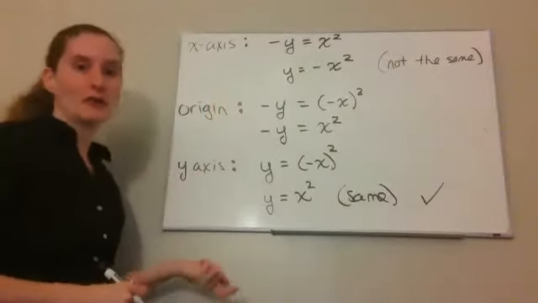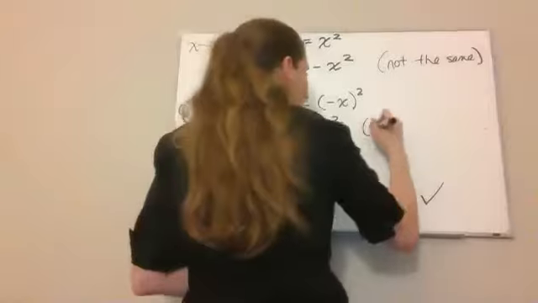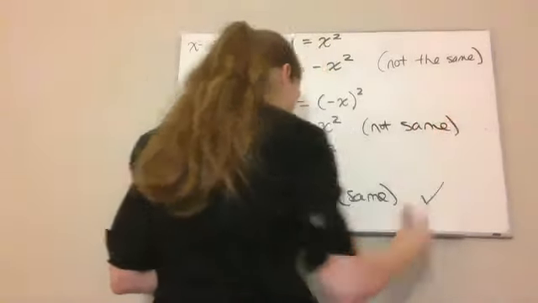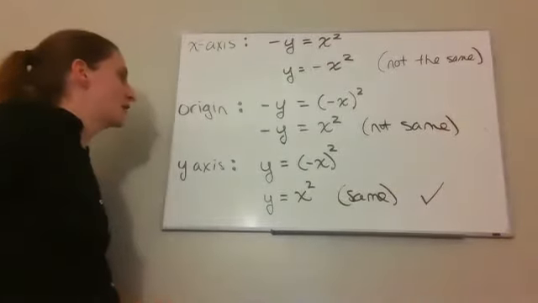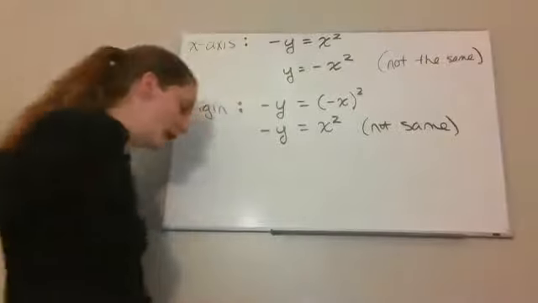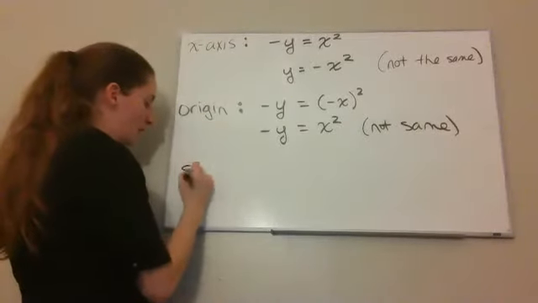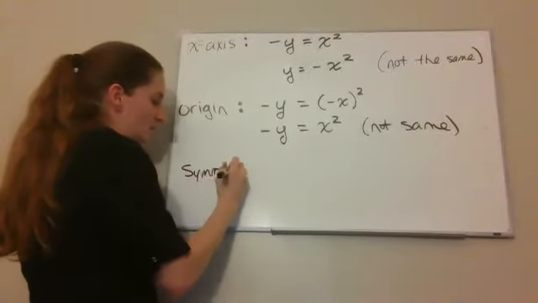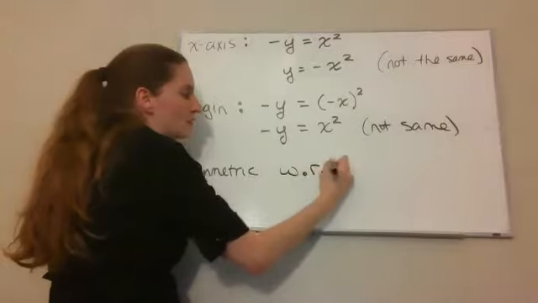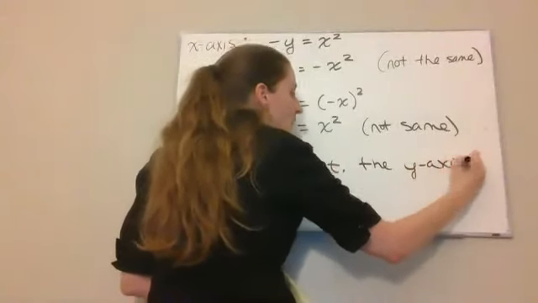So we already know if we solve this for positive y, it's not going to be the same. So it's not symmetric with respect to the origin. So we tested all three cases, and we found out that y equals x squared is symmetric with respect to the y-axis only.